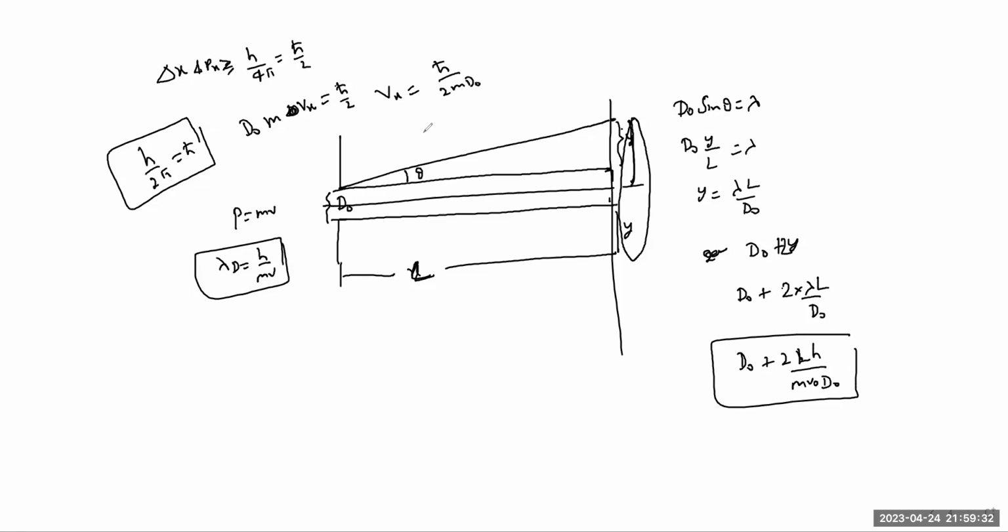Yeah. So in the meantime, you reach L, you will travel upward. Just check the answer. I think it's a mistake only. H bar should not be there.